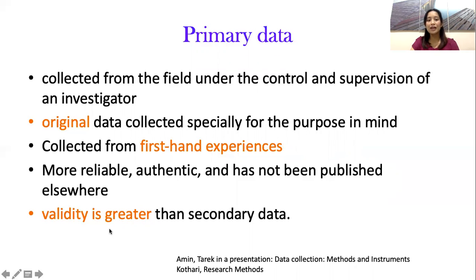So original data is collected specifically for the purpose in mind. So you have a research question, you formulate the data that you need to collect in order to answer your research question, and you get the data from the original source. For example, the patients themselves. No? This is collected from first-hand experiences from your data source. It's more reliable, authentic, and has not been published elsewhere.